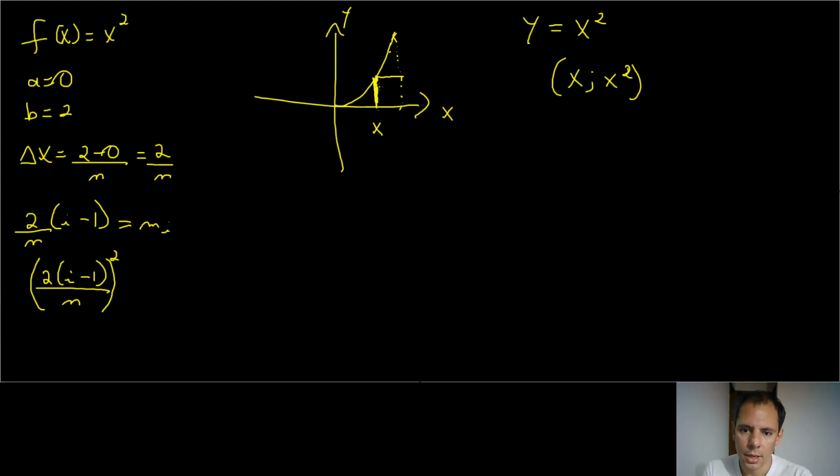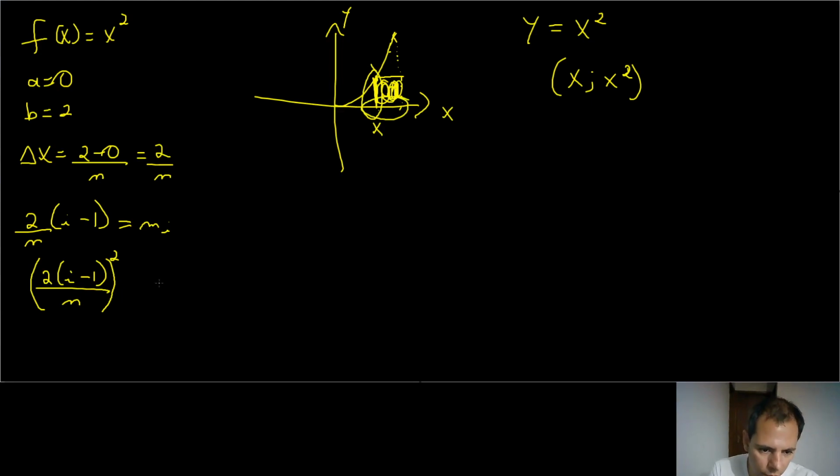That's great. So according to this value of x, I know the length of this stuff. What is the length of this stuff? x squared. But you still have to multiply by the width of the rectangle, because I want the area of the rectangle. I don't want just this thing here. I want the area of this rectangle here. So it's going to be this value times the width.